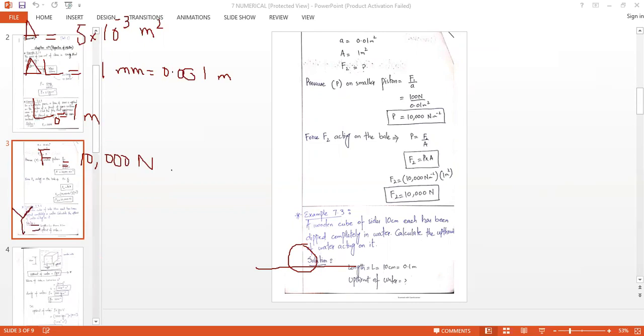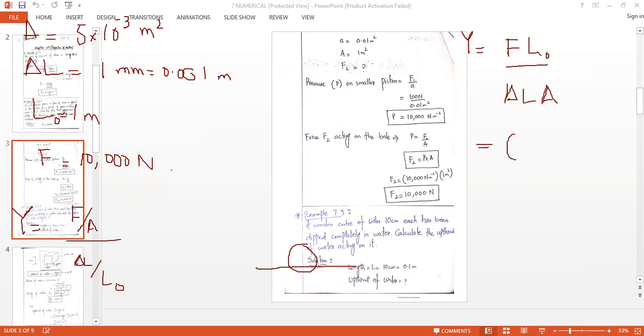Young's modulus equals F by A, and the whole divided by del L divided by L naught. So Y equals F L naught divided by del L into A.